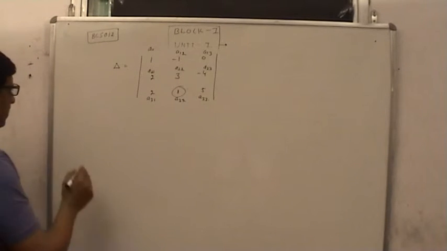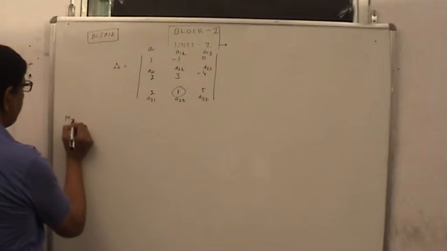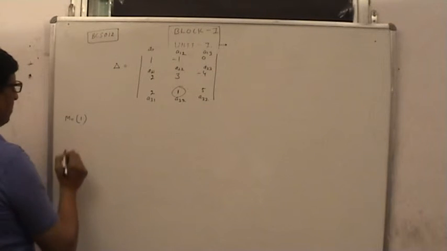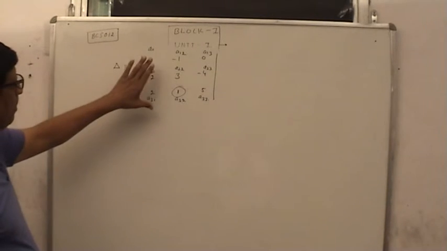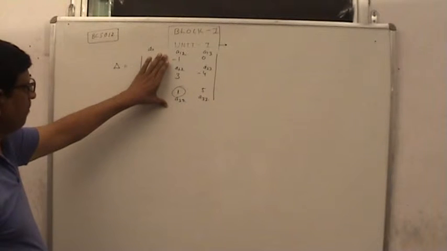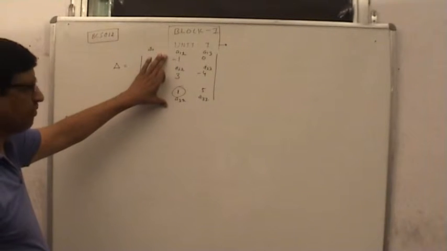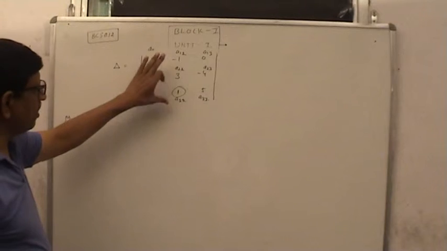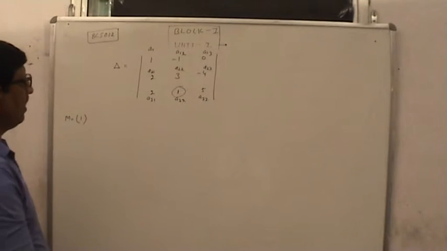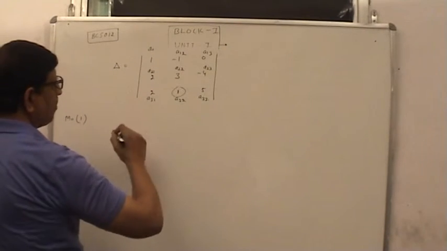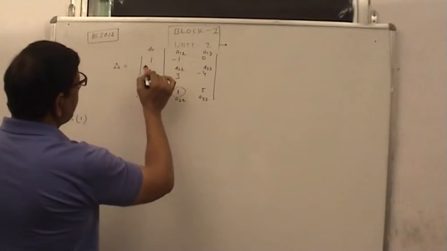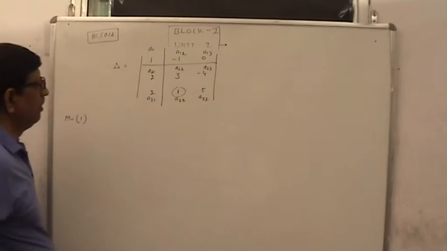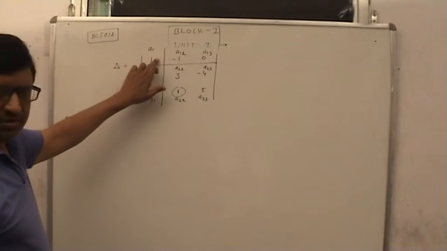Now we find the minor for A11. M11, its element is 1. But the calculation is totally different from a 2 by 2 order determinant. Here we will have to find out the corresponding elements. In this way, cross the 1 like this. 1 is outside the crossing.